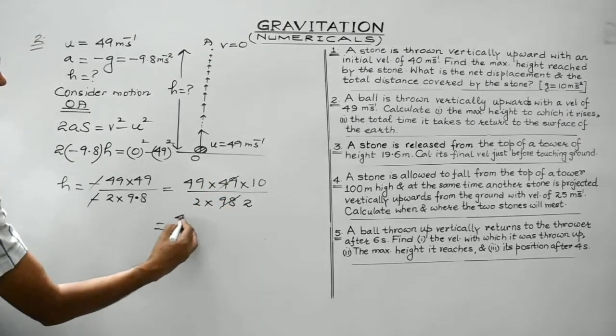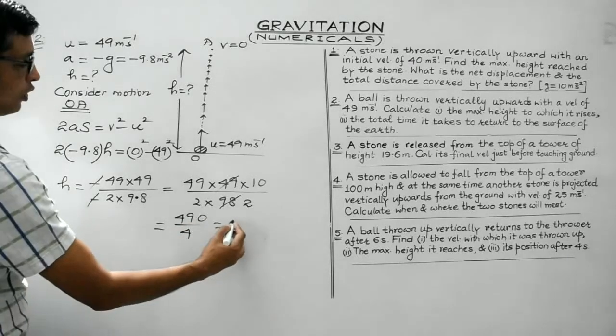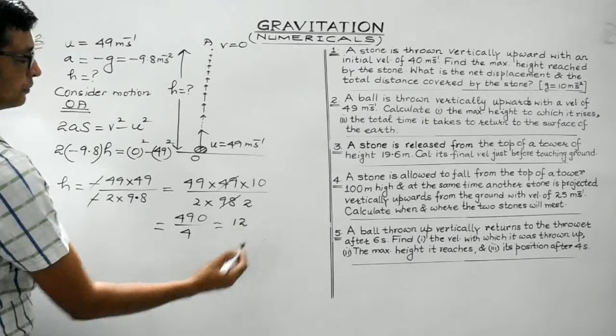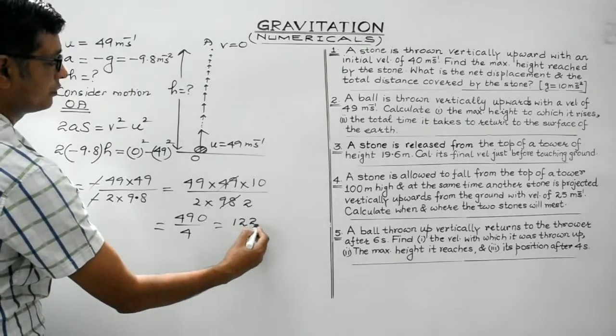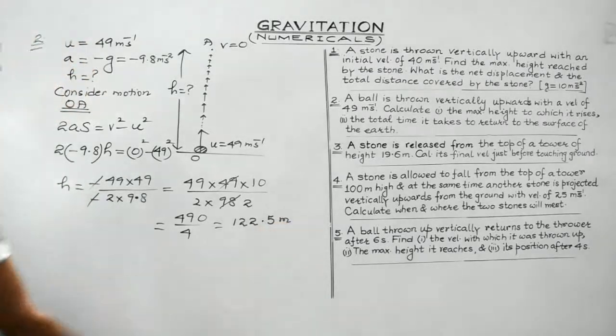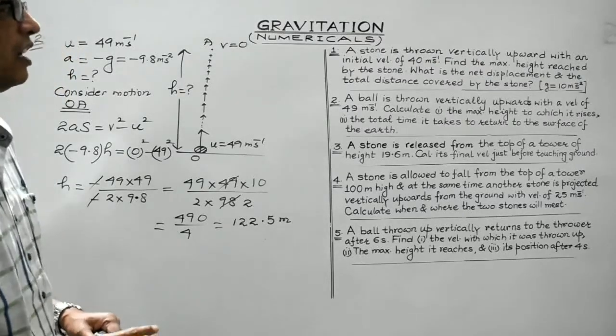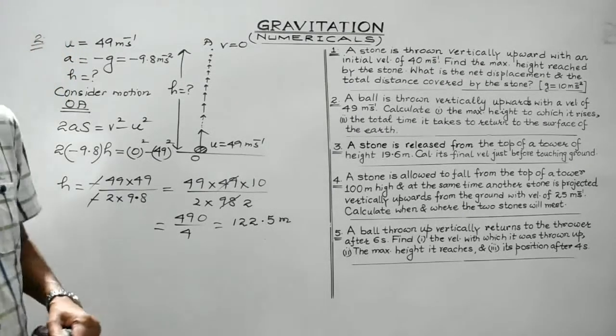So what you get is 490 divided by 4, so it will be equal to 122.5 meters. Clear, students? So this is the maximum height which the ball will attain when it is thrown in the vertically upward direction.